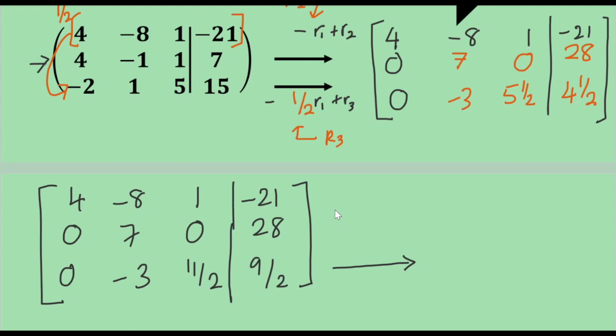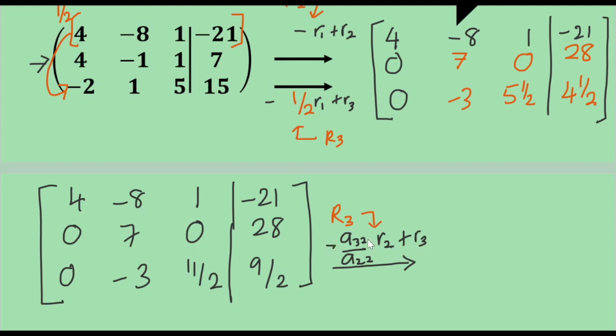So we get our new row 3 by taking the negative of A32, dividing it with A22, multiplying it with the second row, and adding it to the third row.